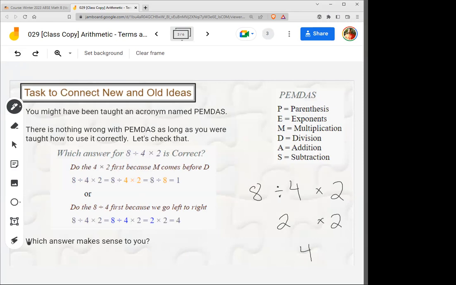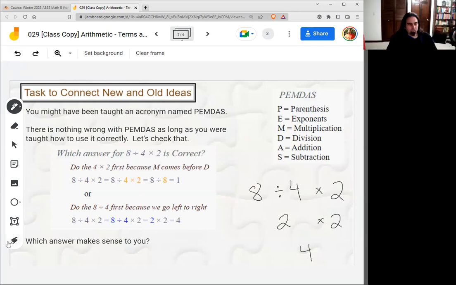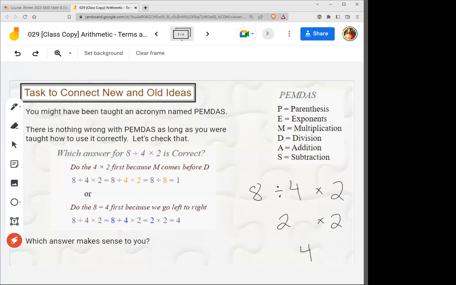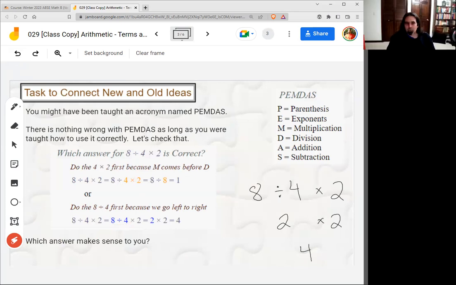I think the 8 divided by 4. So the bottom one that starts with the 8 divided by 4. Yes. Okay. Is Josie right? What do the other people think?